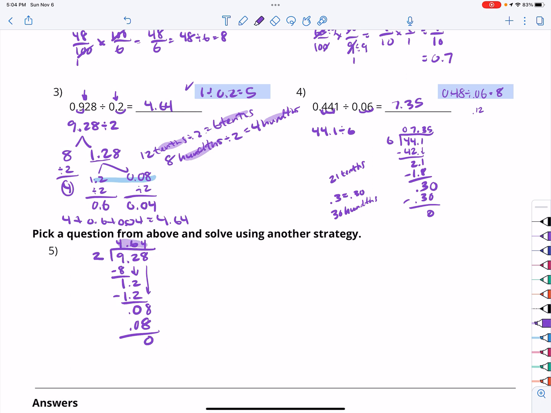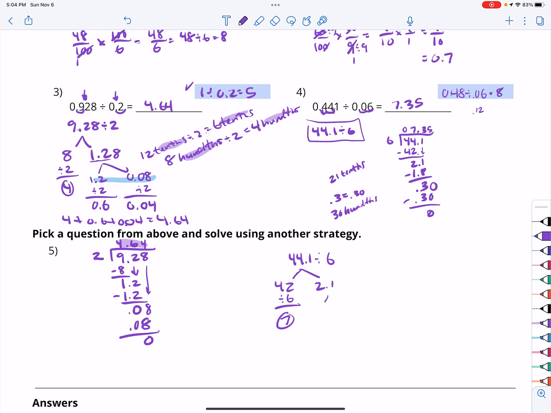Let's see if we can tackle question number 4 using branching. We are going to use the proportional one again, where we have 44 1/10 divided by 6. So I know that we can pull out 42. 42 divided by 6 is 7. That leaves me with 2 1/10.